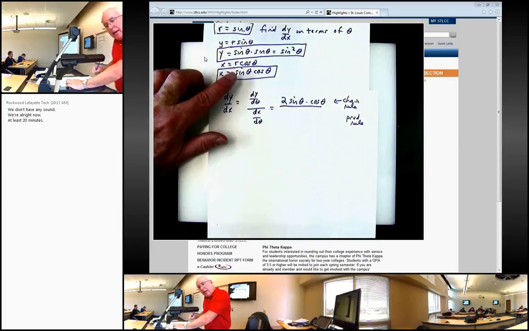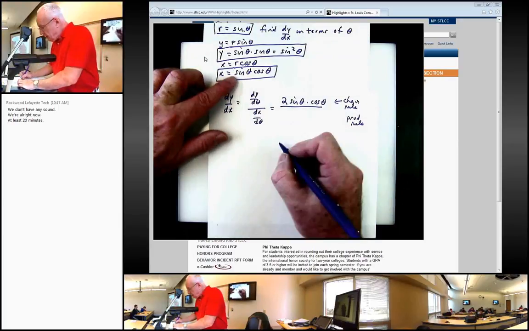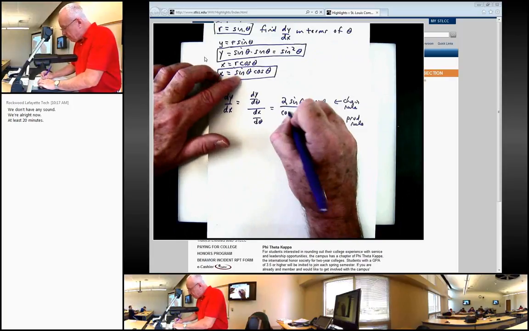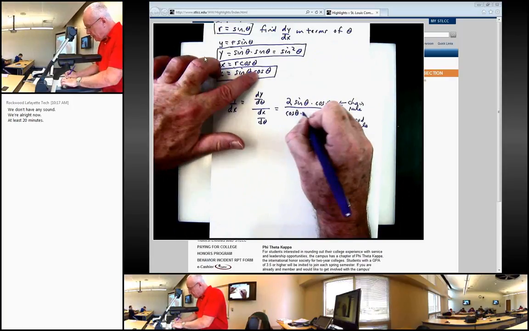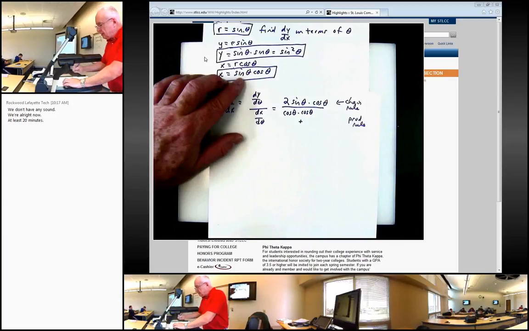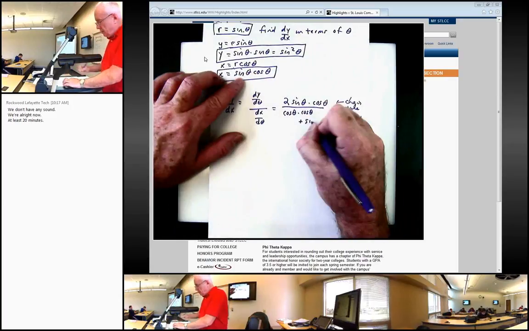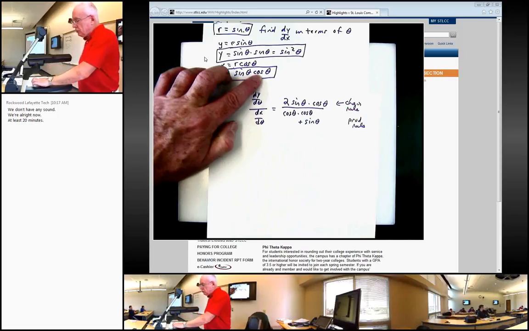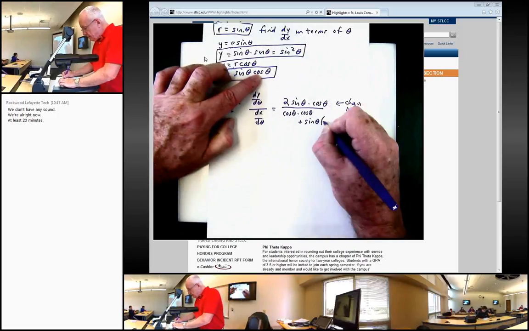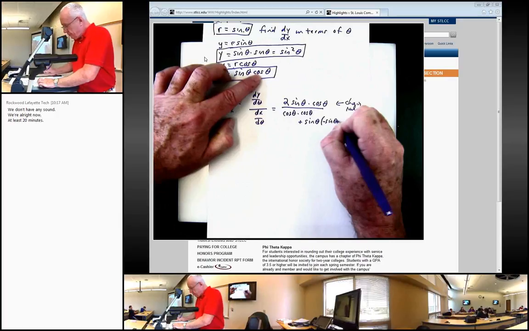For dx d theta, I need to use the product rule. So we have the derivative of the sine, which is the cosine, times the other function, plus sine of theta times the derivative of the cosine, which is negative sine of theta.